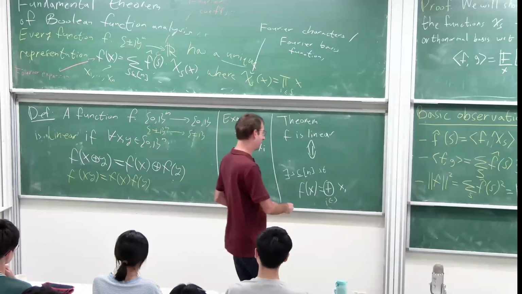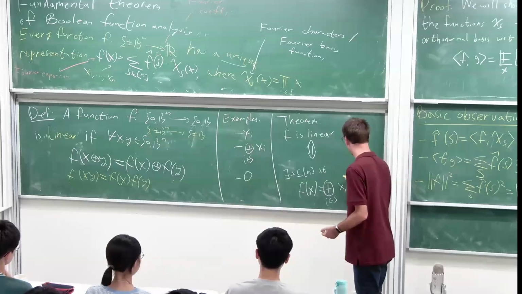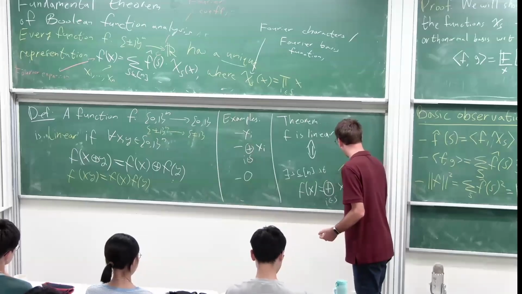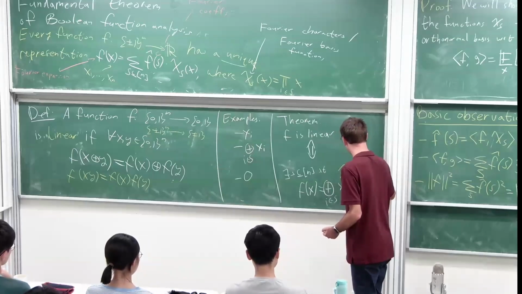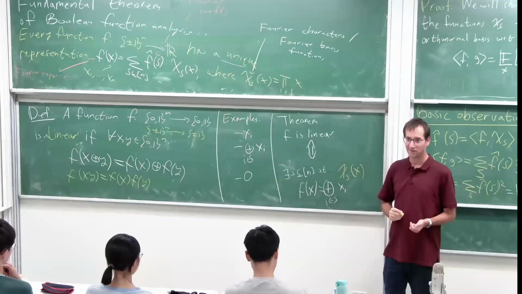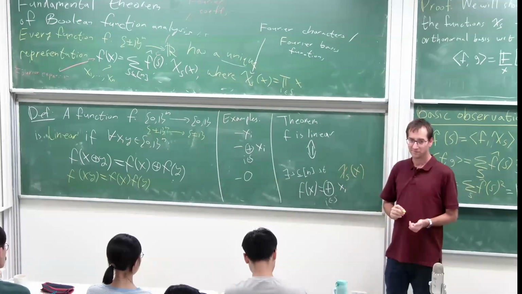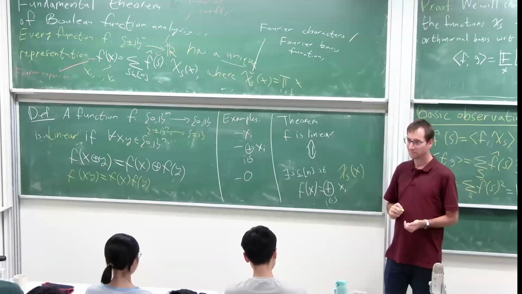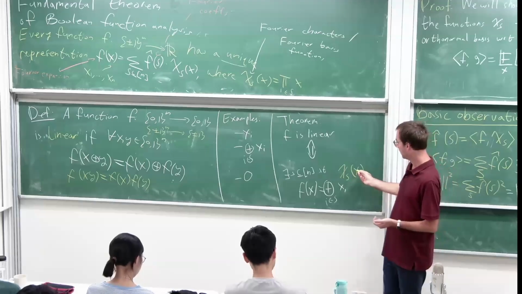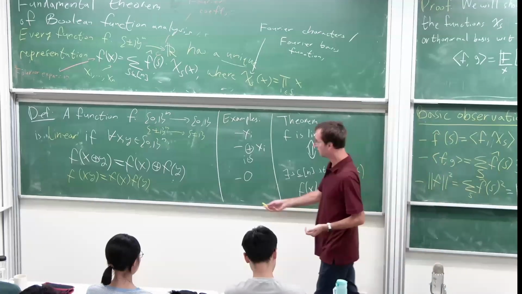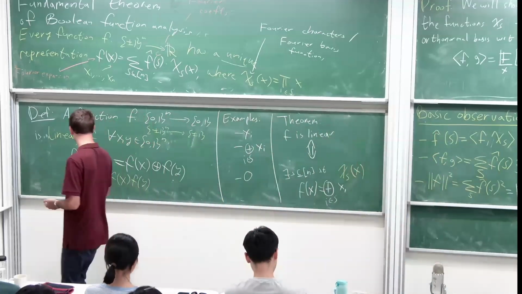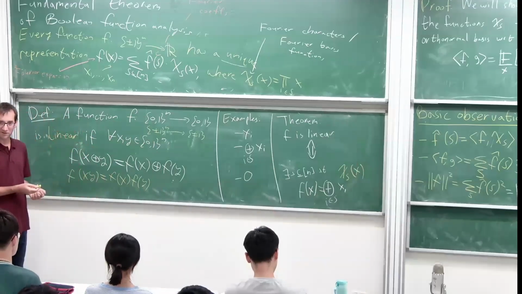Okay, and then this is just chi_S, the Fourier character. So these are all the linear functions. You can check that if you take one of these characters, then it satisfies this property. It's quite easy from the definition.